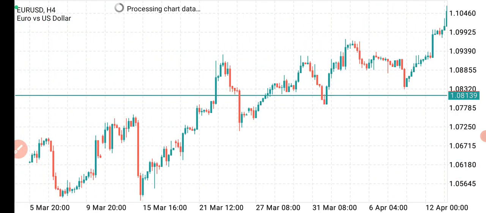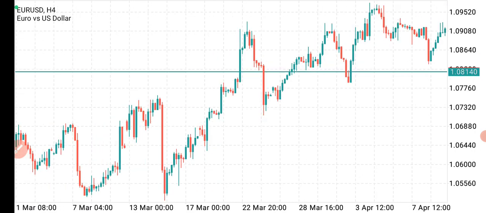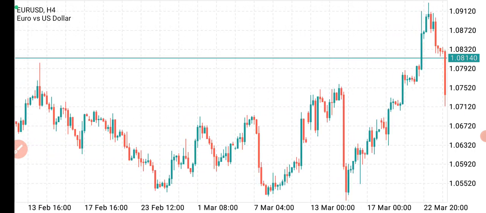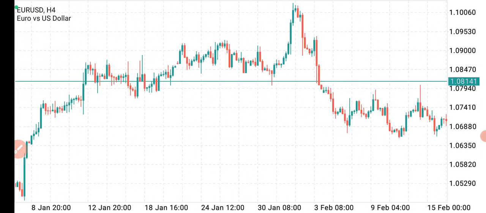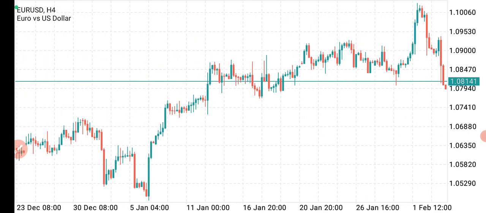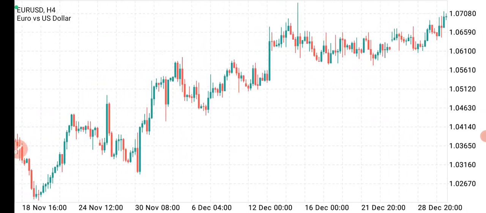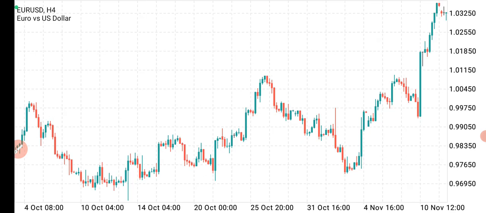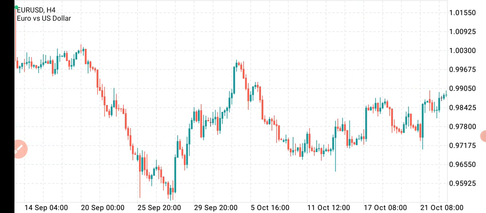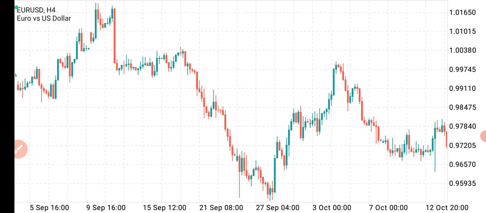Remember, we said liquidity is money. Liquidity is nothing but money. So, what is the first thing you do when you open your chart?